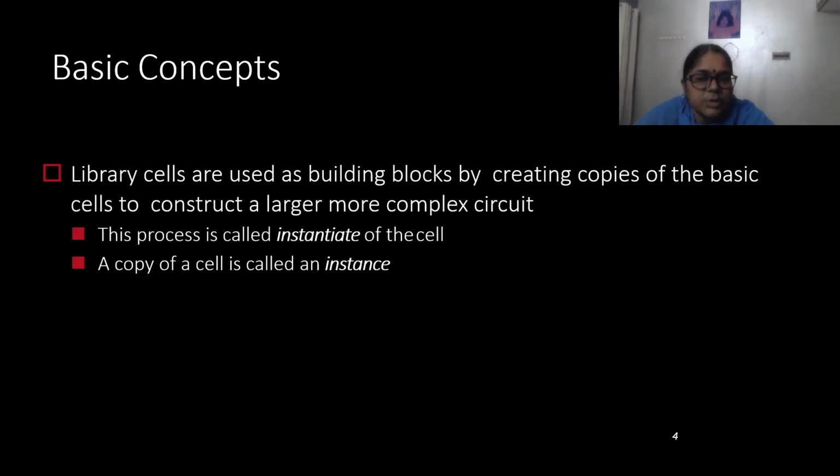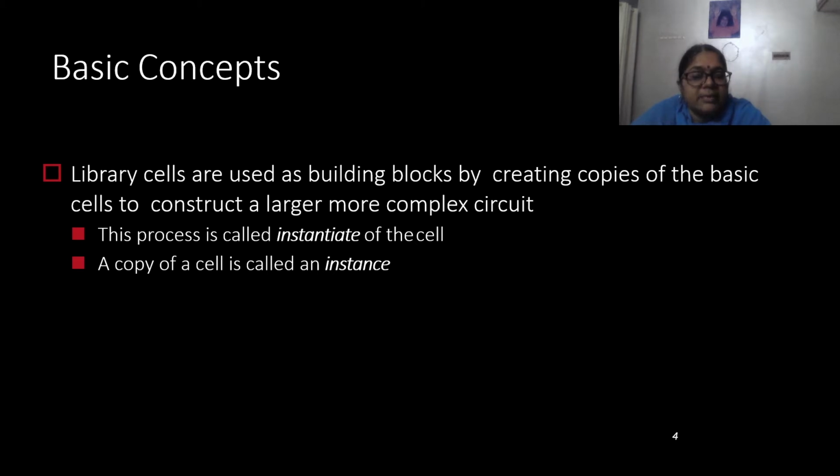Library cells are used as basic building blocks by creating copies of the basic cells to construct larger, more complex circuits. This process is called instantiation of the cell, and the copy of the cell is called an instance.